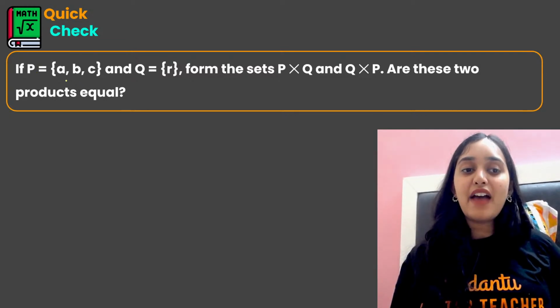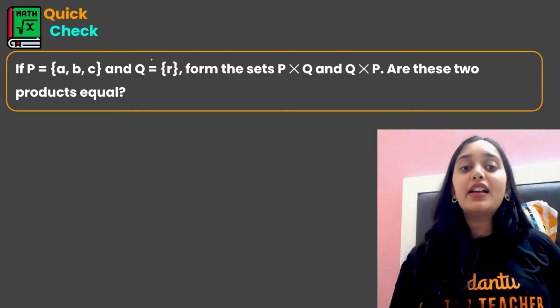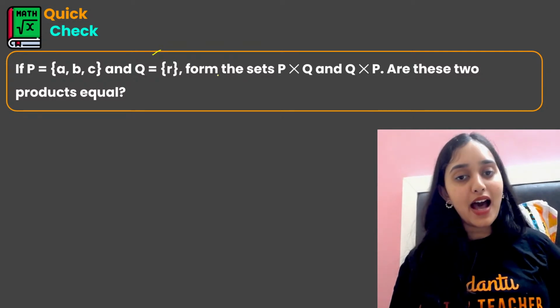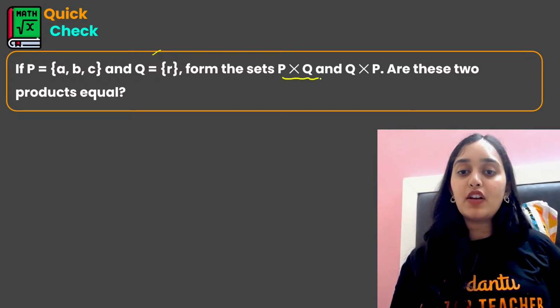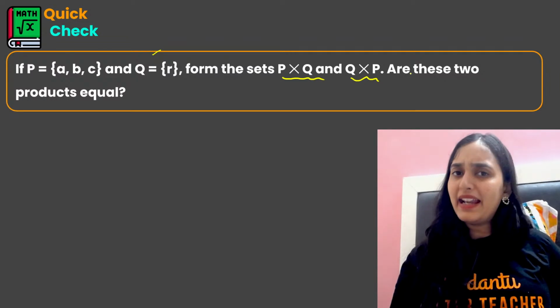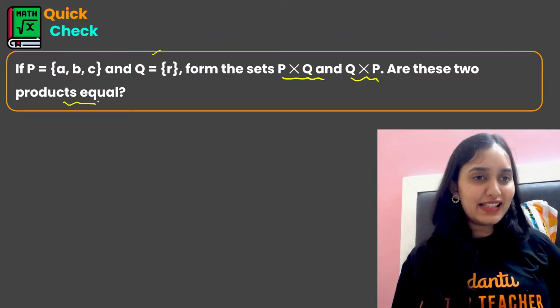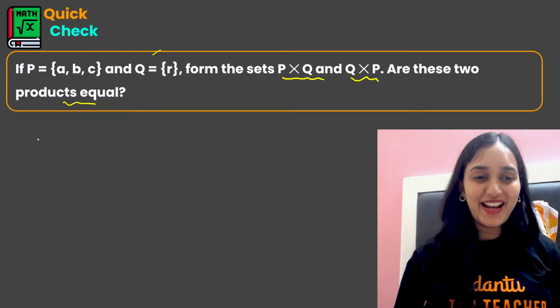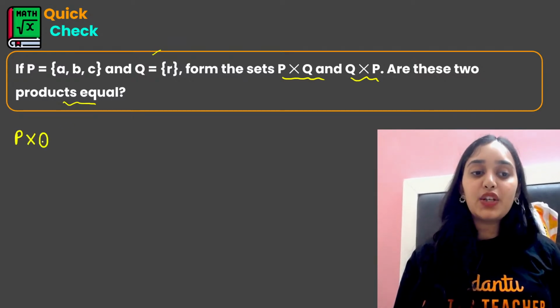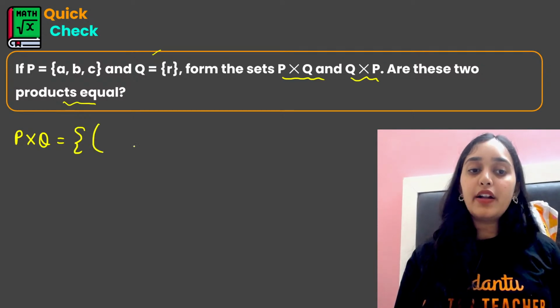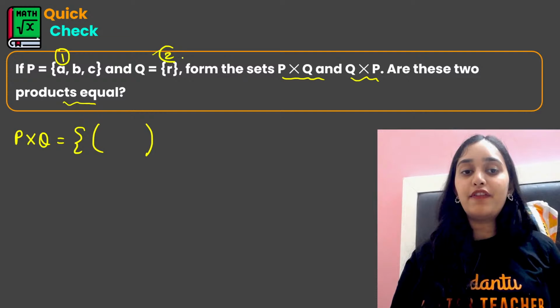Set P has three elements A, B, C, and set Q has one element R. Form the sets P cross Q and Q cross P and tell whether the products are equal. What do you guys think? Will we get the same set or not? Let's find out. P cross Q will be ordered pairs: first element from here, second element from here.